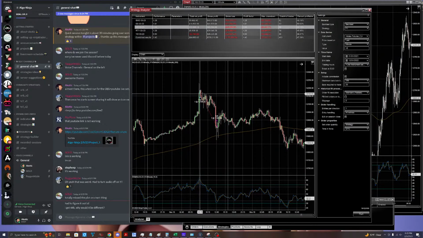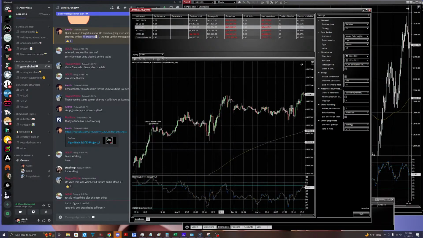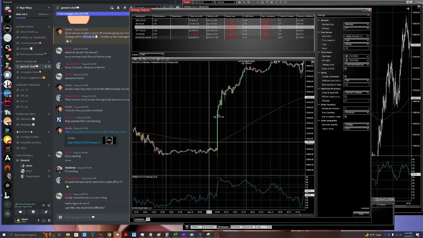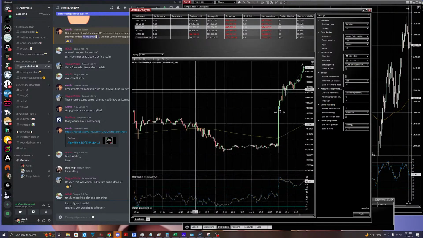Yeah, so this is a perfect example here of the weakness of the strategy. Sometimes those momentum moves go really high up, but then price just gets exhausted and falls back down. Here's another example. Looks like we had something fundamental occur here to give us a really big fundamental move.